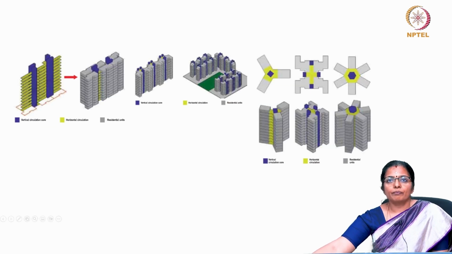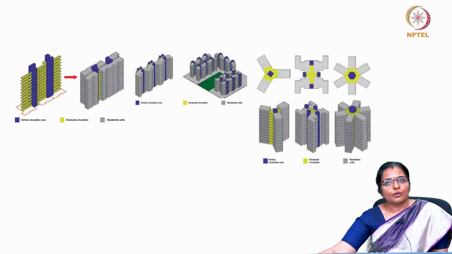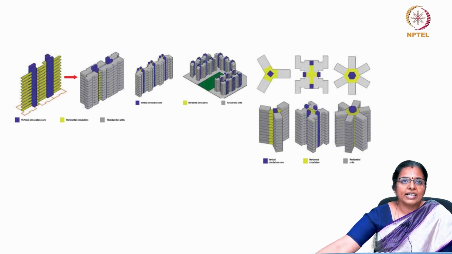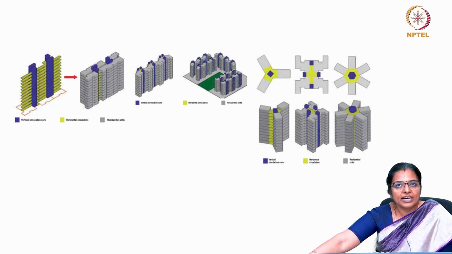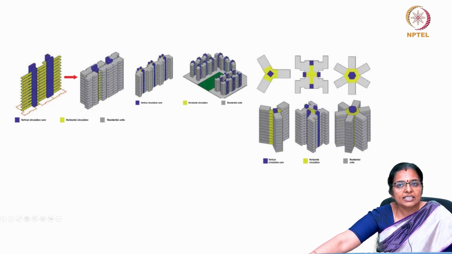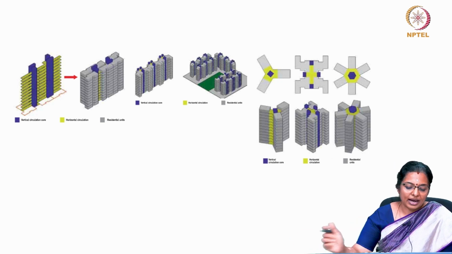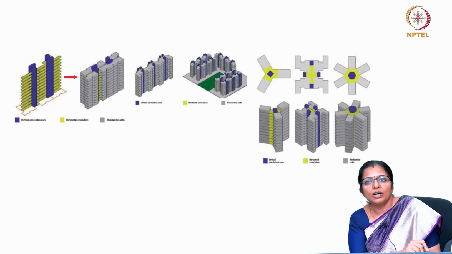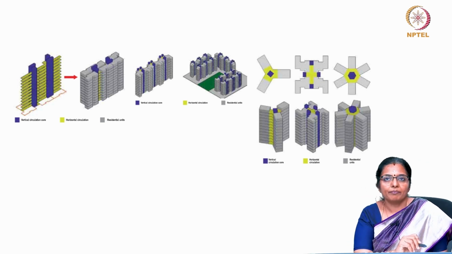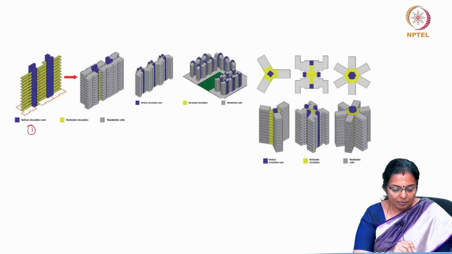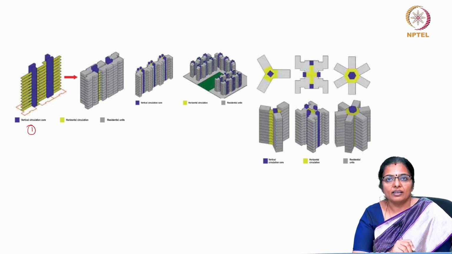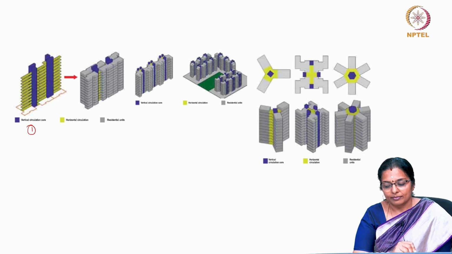Next, we move on to the preference of typologies for multi-storied residential buildings in terms of reduced solar radiation exposure, as given by the Bureau of Energy Efficiency for multi-story residential building. Here you have a linear double loaded corridor typology, that is one. Then you have a linear typology, and third you have a tower typology.